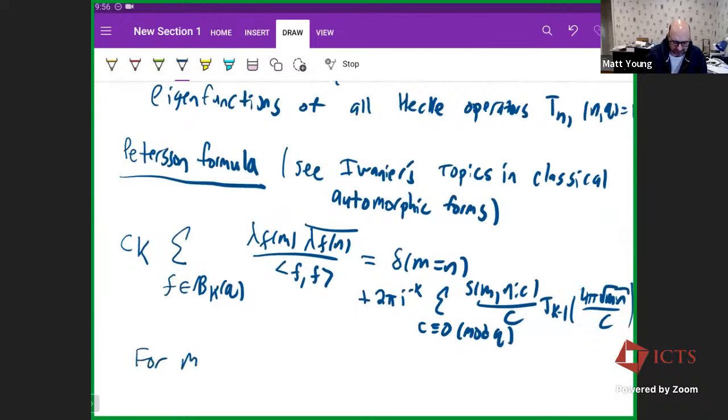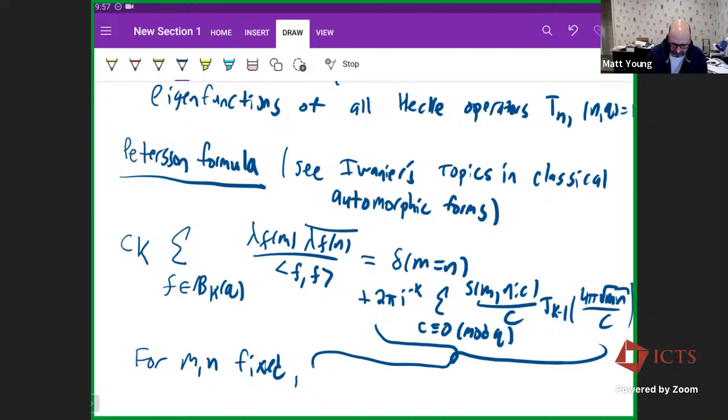For m and n fixed, you can show that the error term, the sum of Kloosterman sums part, is relatively small. Although when m and n are large, it's very hard to prove that this thing is small.